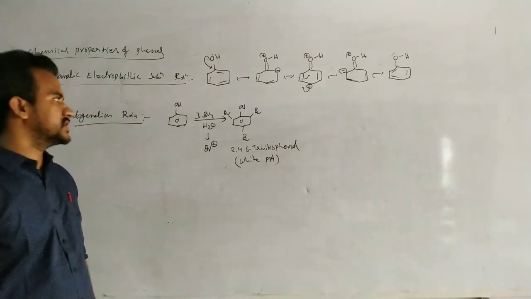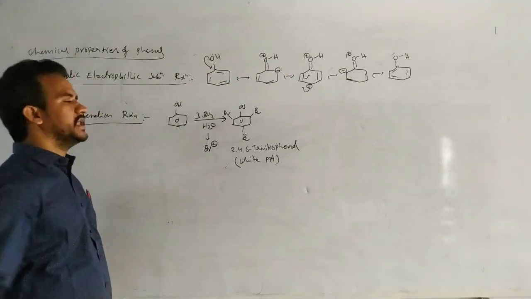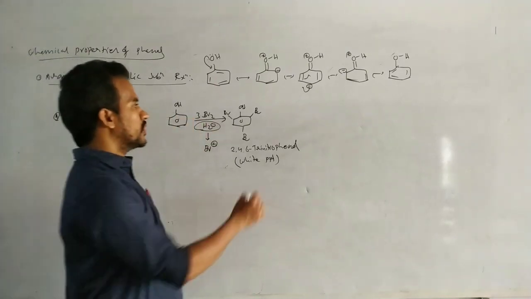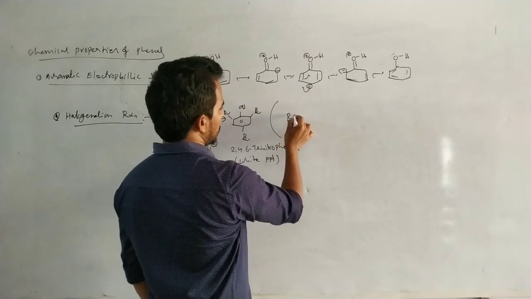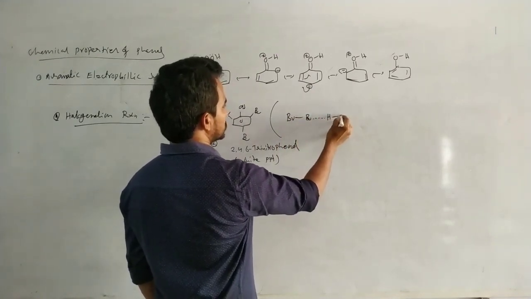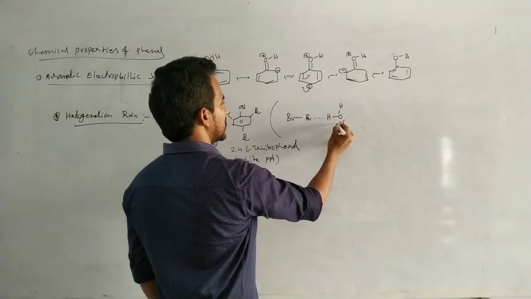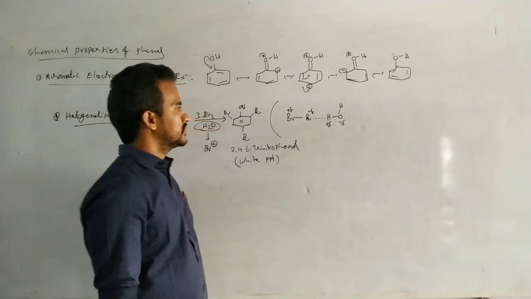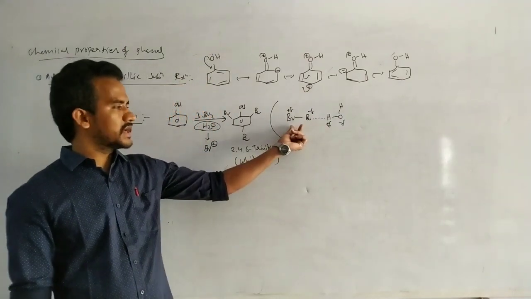So why does tribromination take place here? Because OH is a highly activating group, and water is a polar solvent. Due to the polar solvent, the reactivity of the bromine increases.